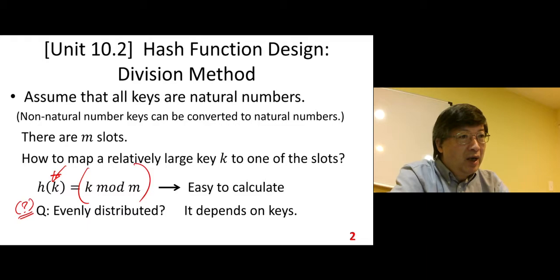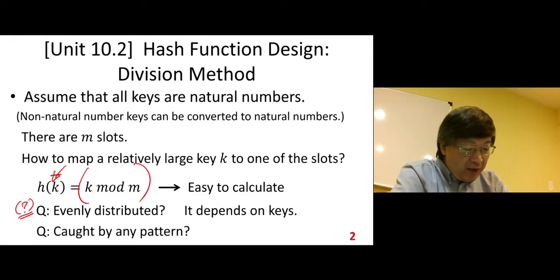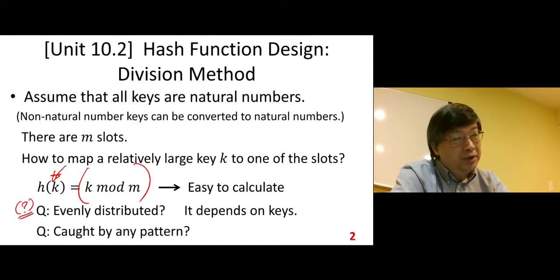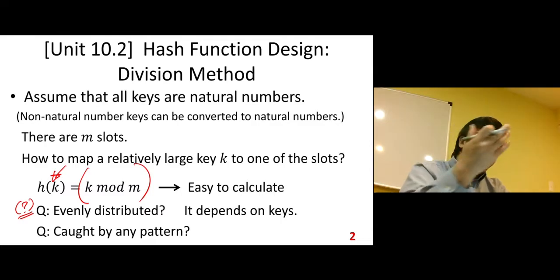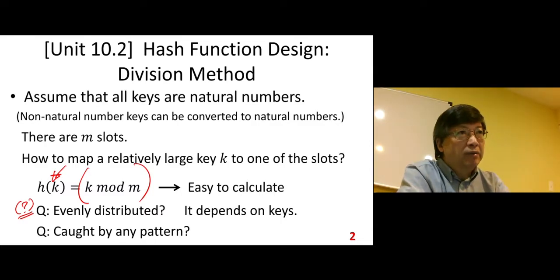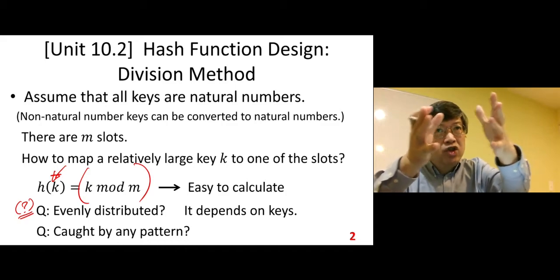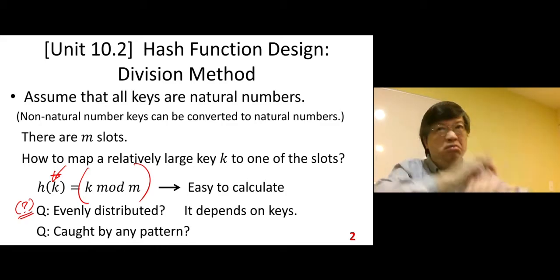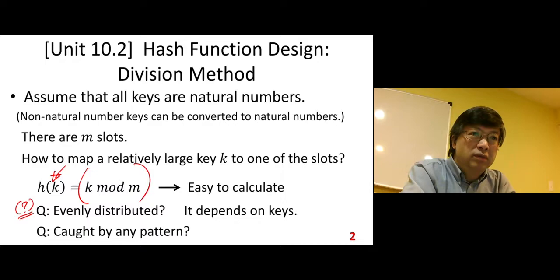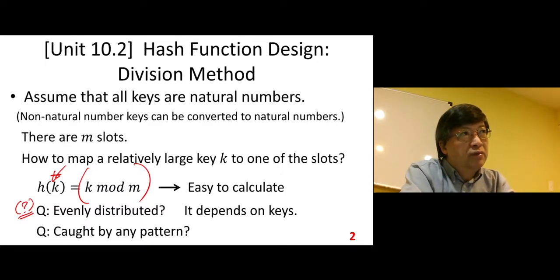Is it caught by any pattern? Yes, we need to study. So is there any pattern? For this method, if there is a special pattern in our data, when we apply this hash function on those keys, do we map most of them into a relatively small number of slots? That could happen. Later, we will see some examples.